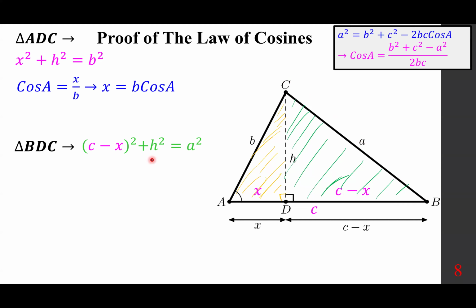Let's raise this to the power of 2, and everybody remembers that a minus b squared is a squared minus 2ab plus b squared. So this is c squared minus 2cx plus x squared plus h squared. So you just raise this to the power. Notice x squared plus h squared is b squared.